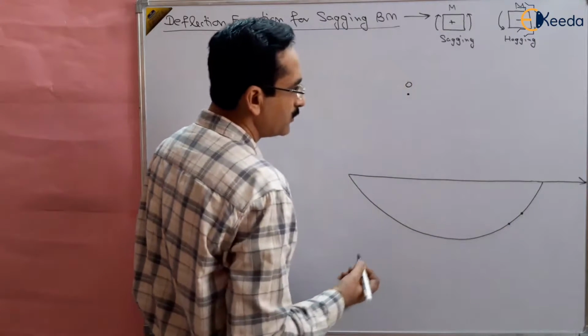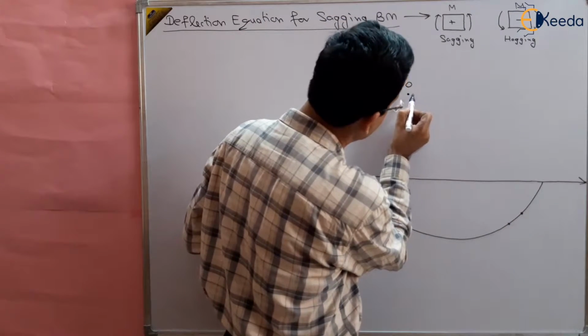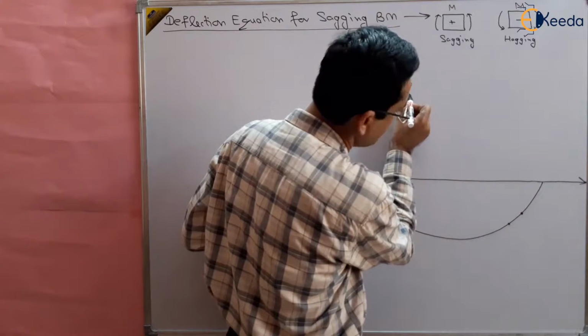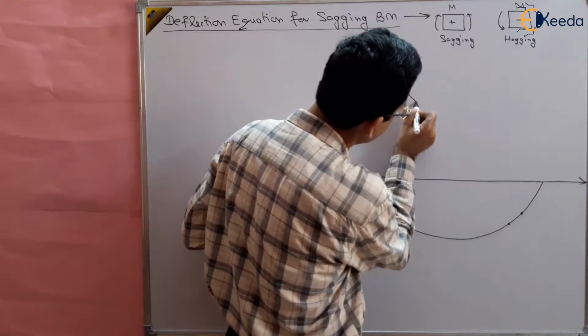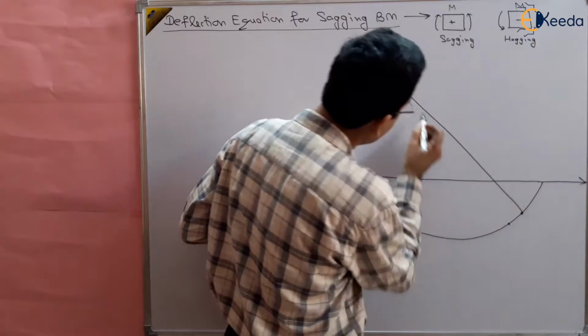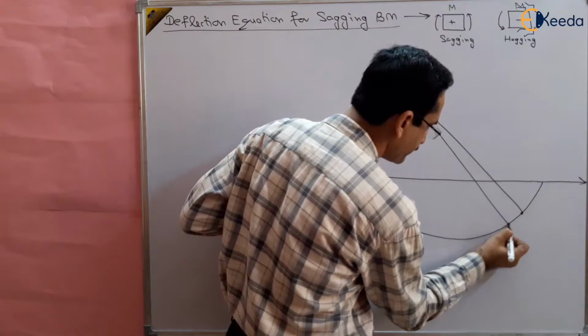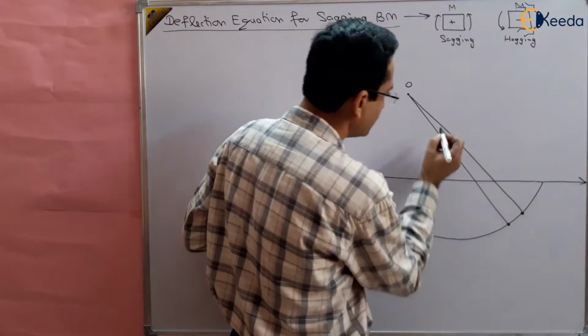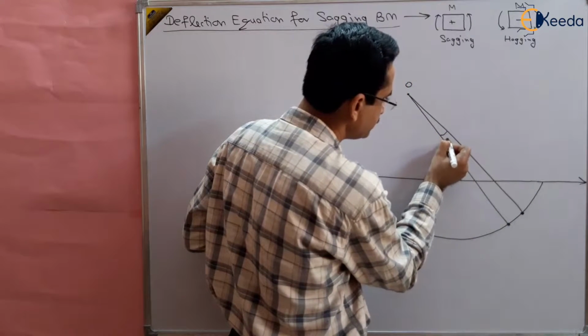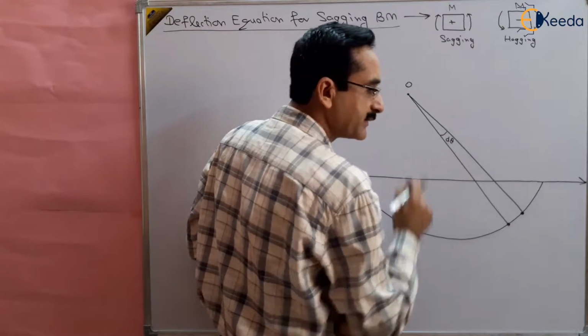Let us meet these 2 points like this, and this angle is suppose d theta. d theta is the angle.